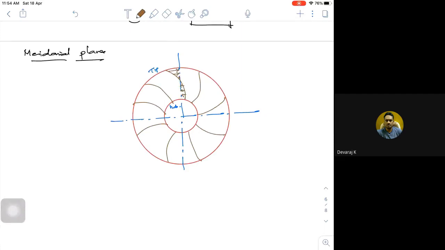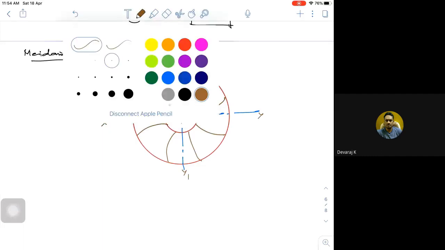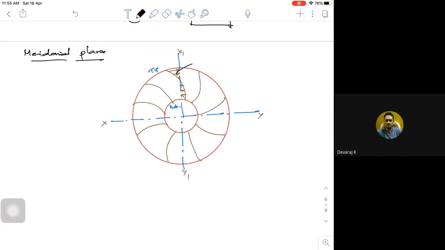Suppose this is xy, this is x1, y1. We project it, and this is called circular projection. In most radial flow machines we do this. On the circular projections we put the corresponding velocity triangles, and this plane is called your meridional plane.